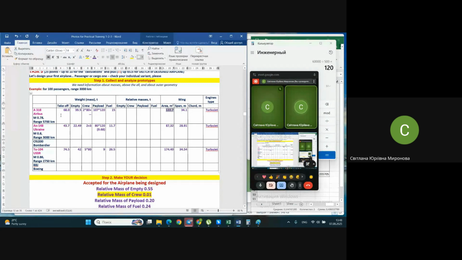Analyzing the specific loads, we have chosen some value for our airplane, and finally we have chosen some area of the airplane wing. Forgive me, I don't remember which one, maybe 120 it was. Yes, 120. In the calculator it's saved. 120 square meters is supposed to be our wing. And now we need to design it.